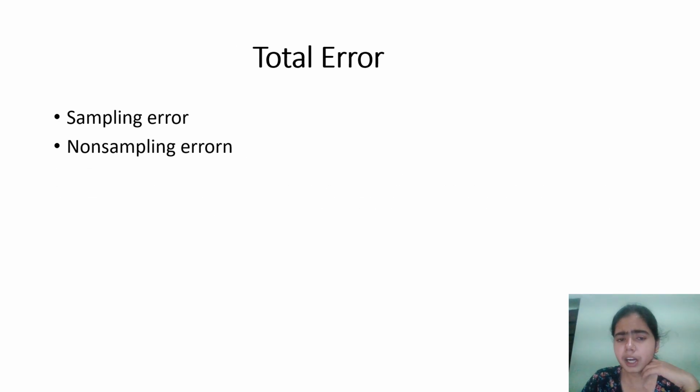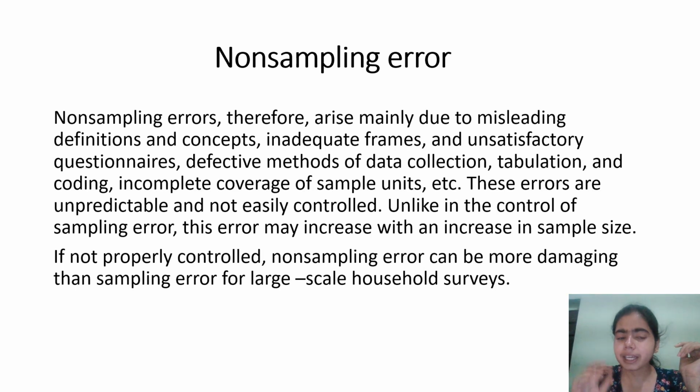Total error. There are two types of error: sampling error and non-sampling error. Non-sampling error arises mainly due to misleading definitions and concepts, inadequate frames, unsatisfactory questionnaire, defective methods of data collection, tabulation, coding, and incomplete coverage of sampling units.